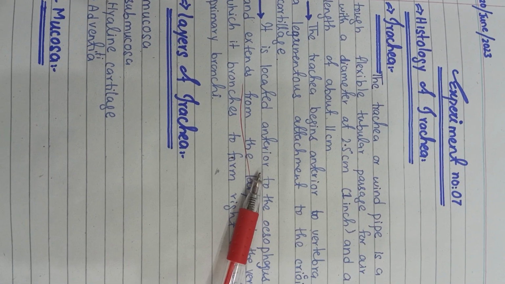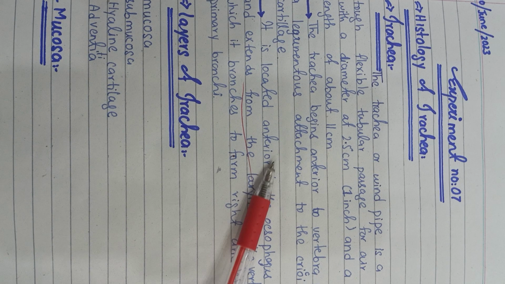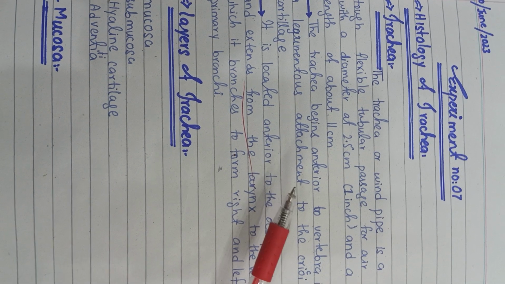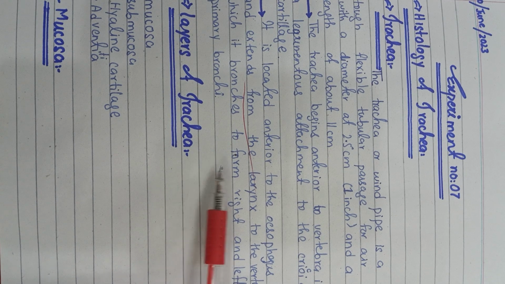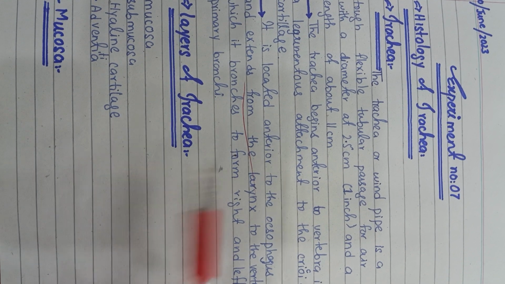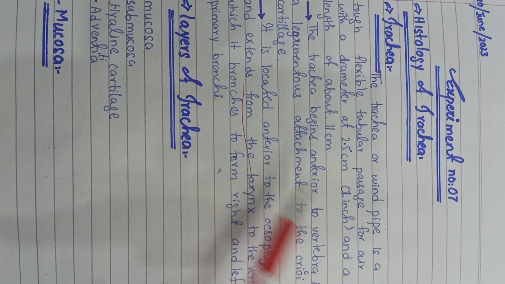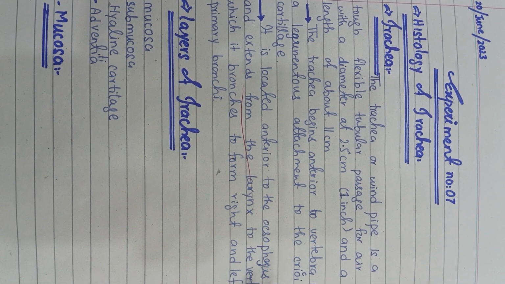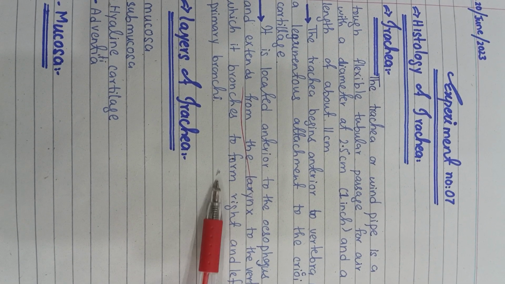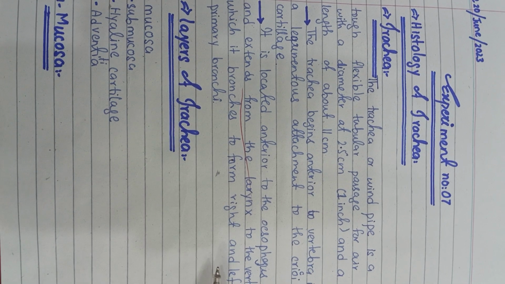If we use the word front instead of anterior, you will understand it better. Behind it the esophagus is present, and on the front of the esophagus this trachea is located, and it extends from the larynx to the vertebra, to the right and left primary bronchi.